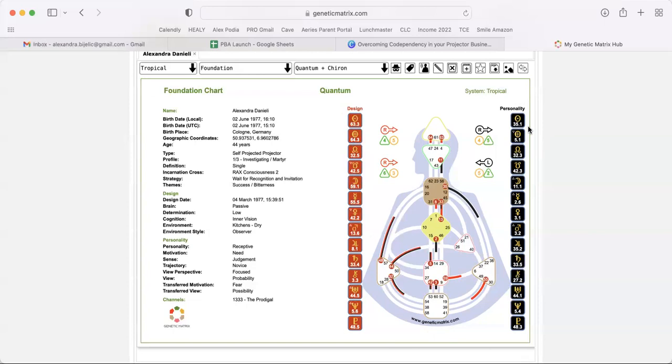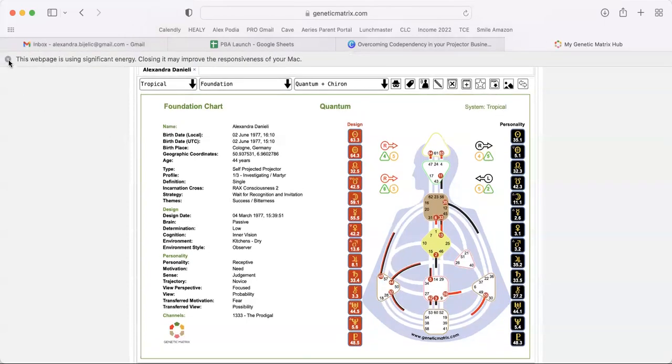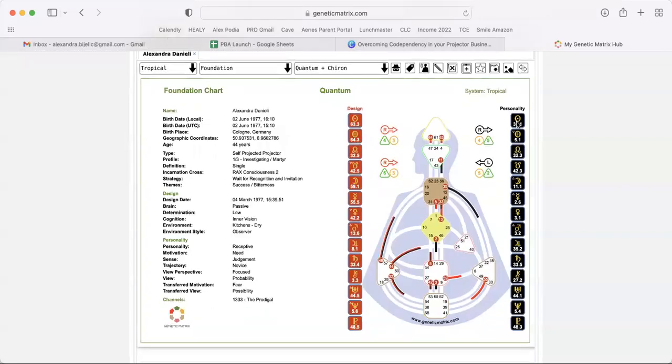So I want to invite you to really look at your sun and your earth gates, because your sun is your outer expression into the world, and your earth gate is what grounds you. So the 5 is habits, rhythms, patterns, and really having my daily little rituals and my morning routine and my flow in the day really, really grounds me. But then the 35 is all about adventure and experience and the unknown, right?